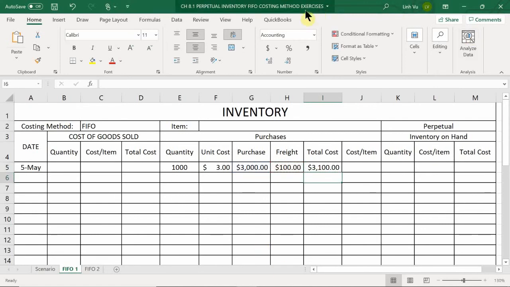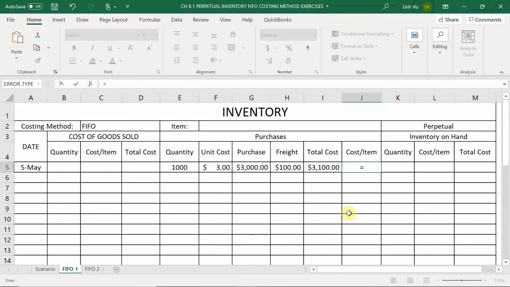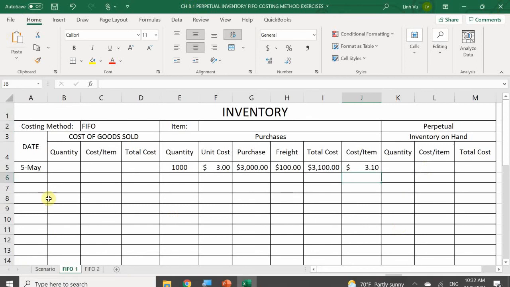Okay, so if I'm at $3,100, what is my cost per item? $3.10. So I'm going to take my $3,100 divided by my quantity of 1,000, and I get an even $3.10. So this is what I'm going to do, okay?